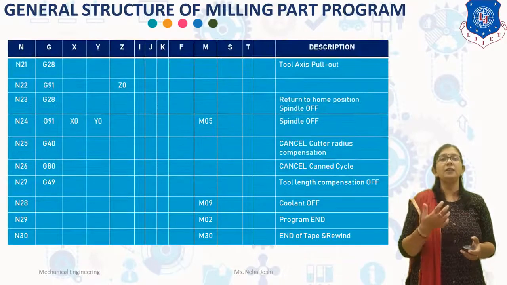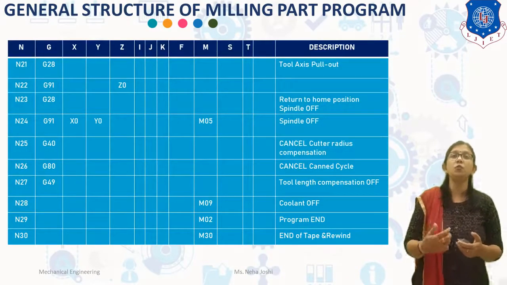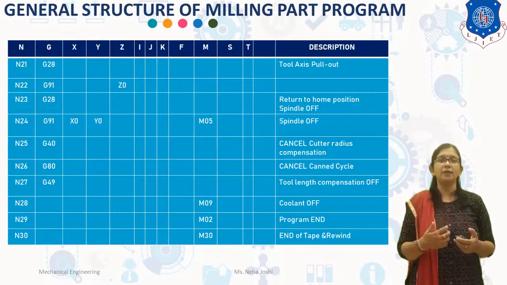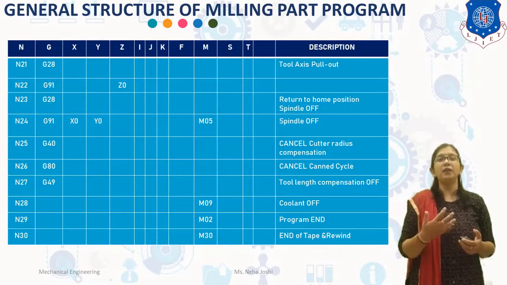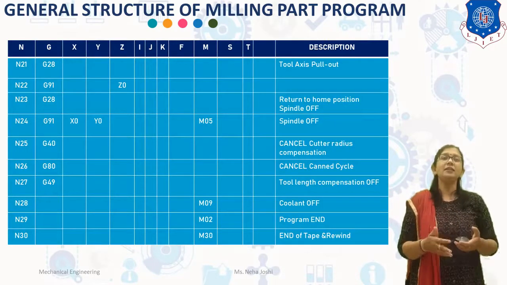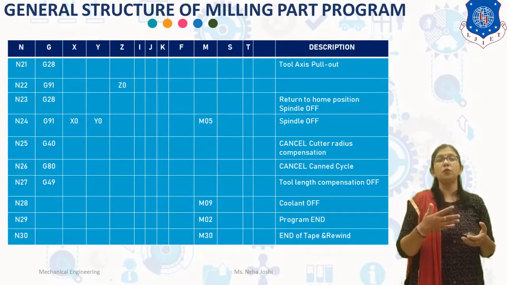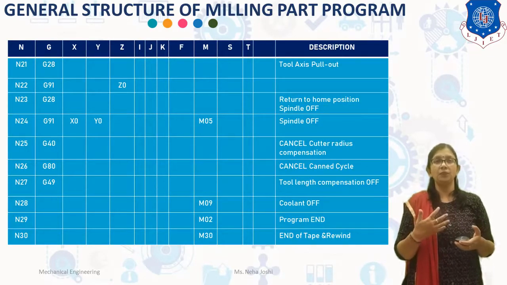After that, the next sequence is N21, and G28 is used for pulling out the tool axis. Then the next sequence is N22, and G91 is used to position the tool at Z0. After that, the next sequence is N23, and G28 is used for rapid tool positioning.